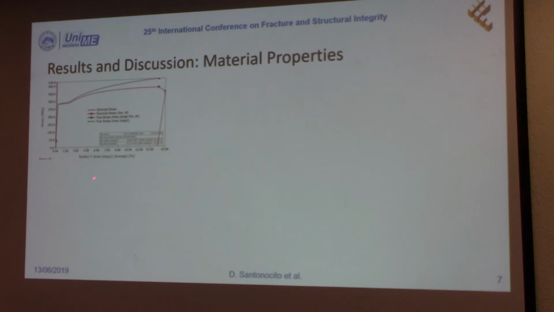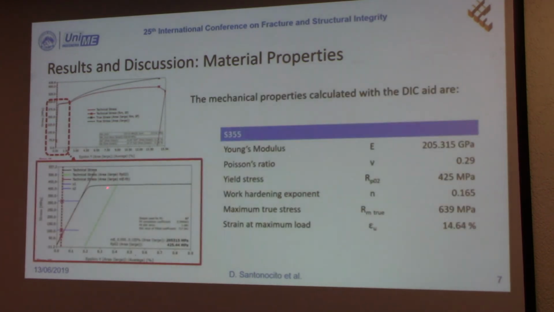And also the DIC allows us to assess the mechanical properties of the material also in the plastic phase, and we can retrieve useful information like Young modulus, Poisson ratio, and the yield stress, and also the work hardening exponent of the Hollomon equation.